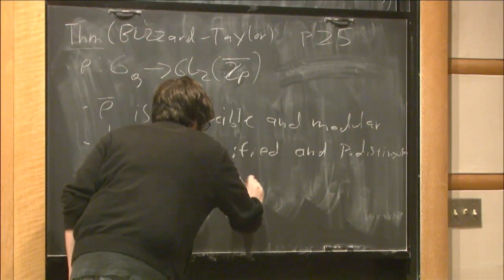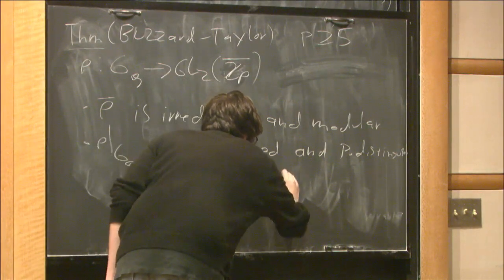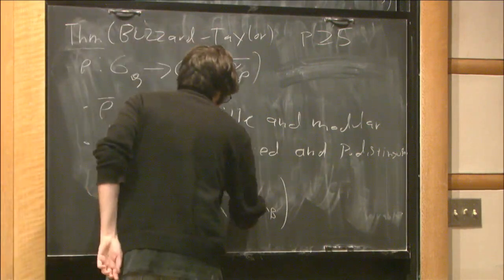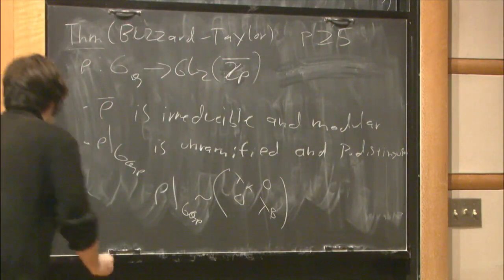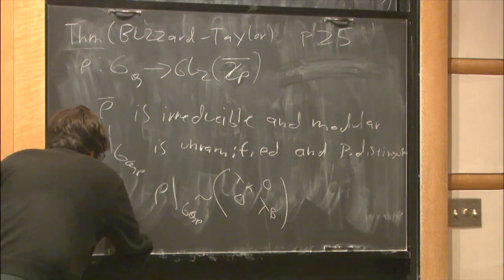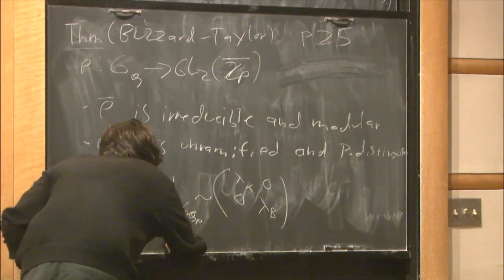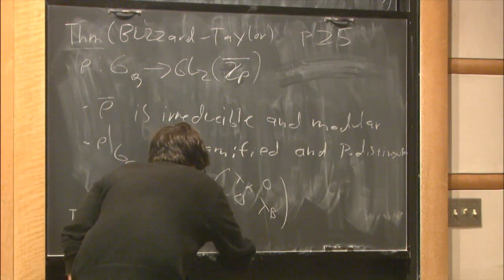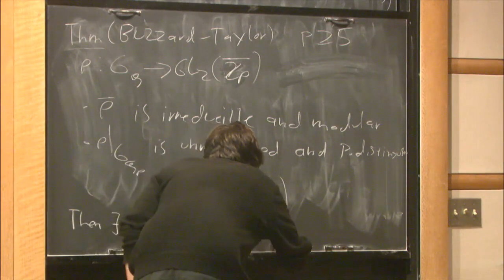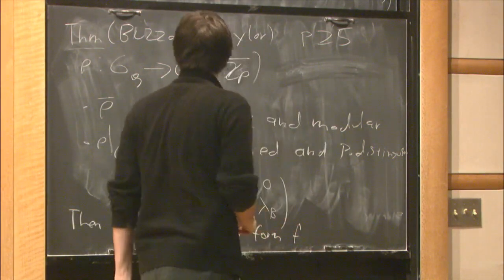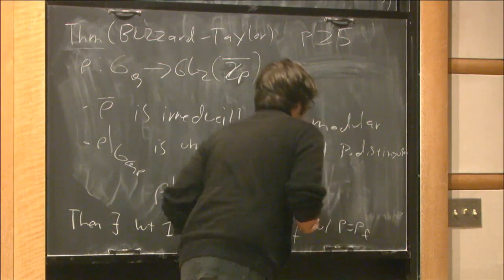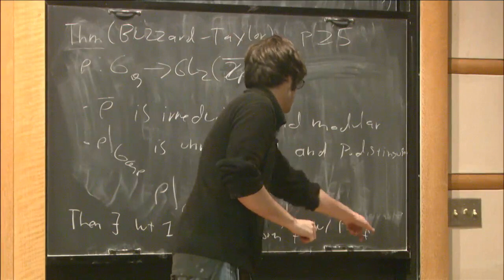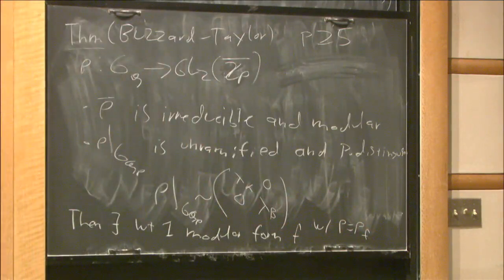So in the notation I had before, it's just a direct sum of two distinct unramified characters. And then they prove there exists a weight 1 modular form f such that rho is the Galois representation associated to f.